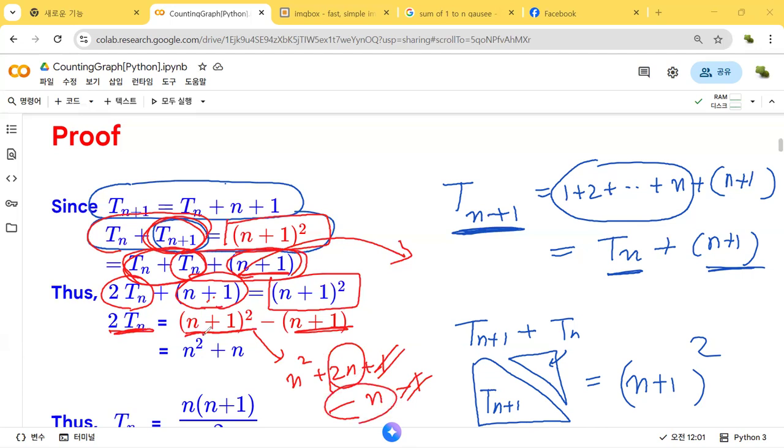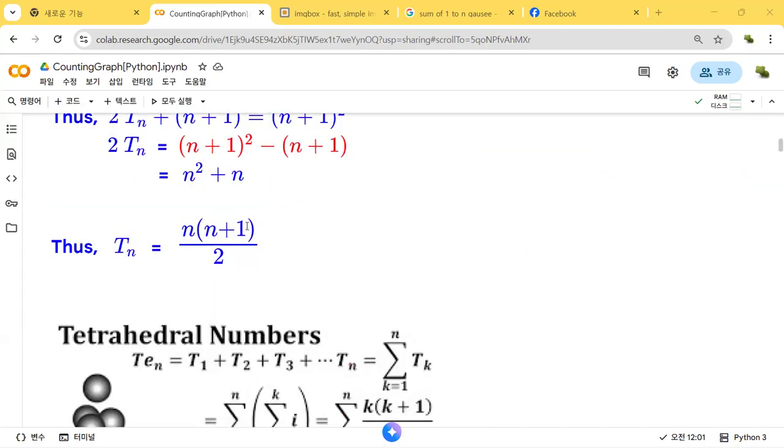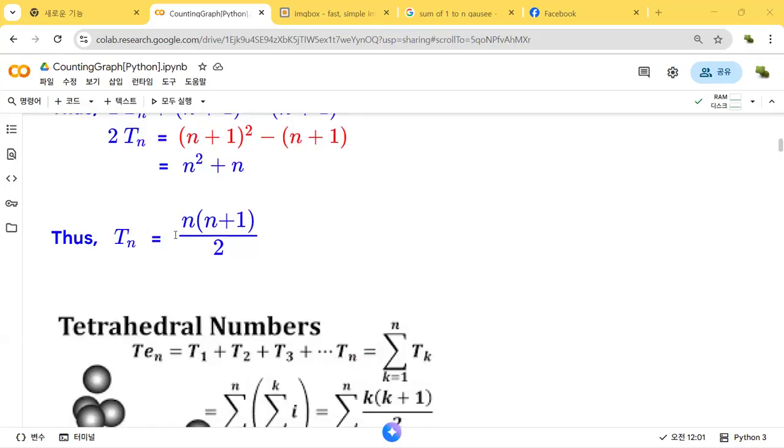Okay, so you have this one. Then divide both sides by 2, and you have this triangular formula.